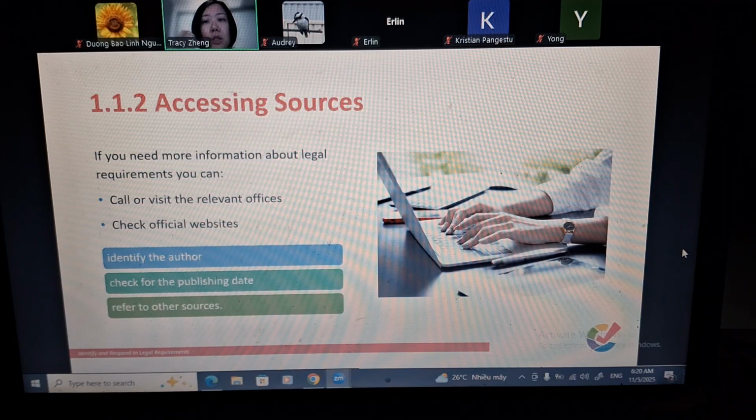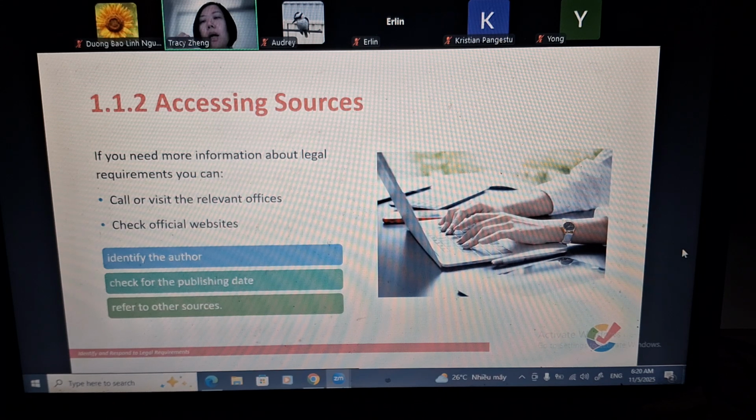Some of the information on the website may be outdated. So make sure you're checking the dates they published the information, right? And definitely cross-check with other sources to make sure that the information you are checking is accurate and also up to date, right?